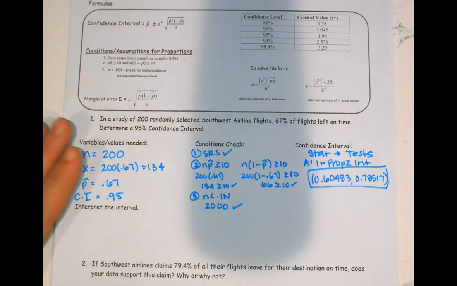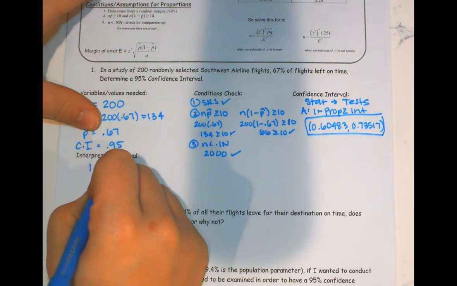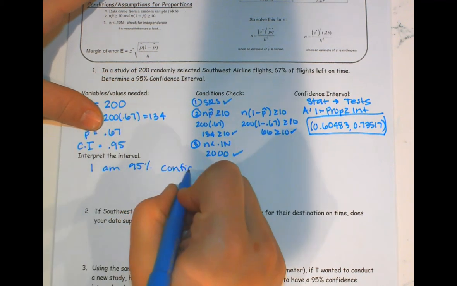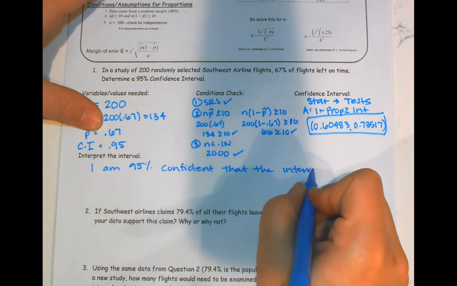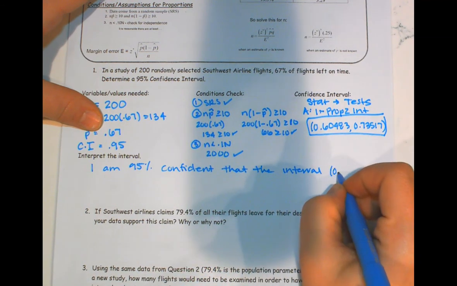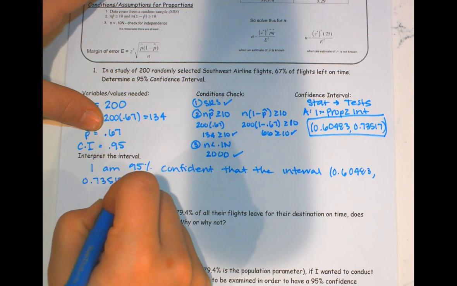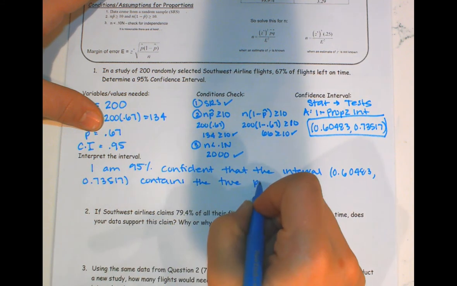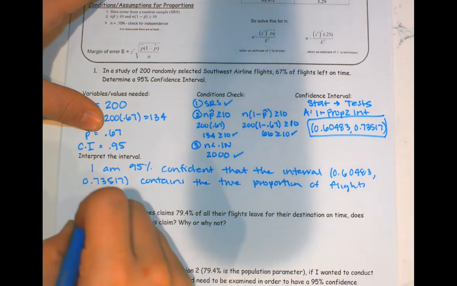And then we can go ahead and interpret our results. Remember, how we interpret our results is basically a formula for what we write. We always start with: I am, and then whatever percentage we used, so 95% confident that the interval, and we'll use whatever values we got here, contains the true proportion of flights that left on time.